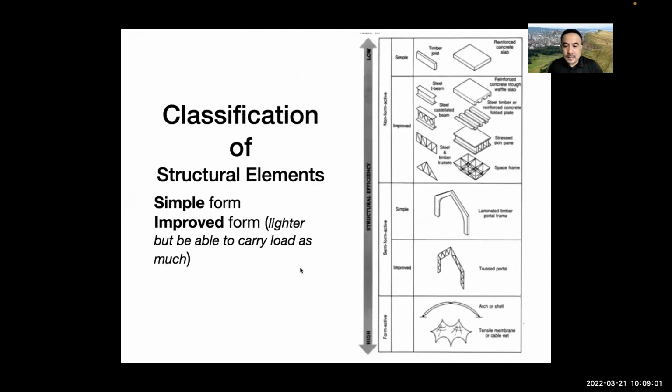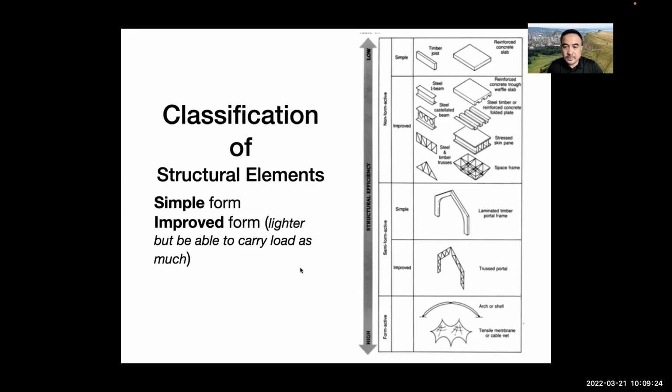Okay. The other way to look at structural elements is the classification of structural elements. You can see the simple one, a timber plank or wood beam, and then you begin to see improved forms of the beam, like the I-beam and truss system, right?